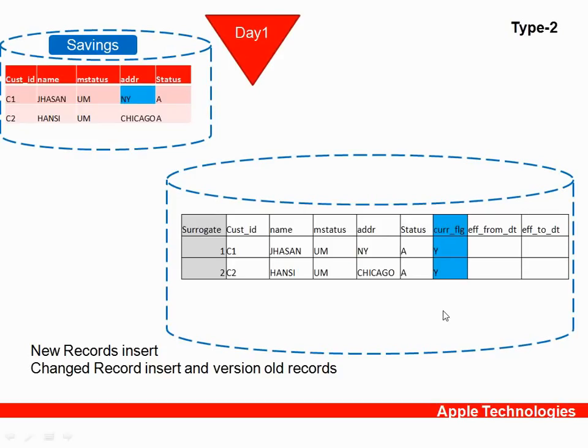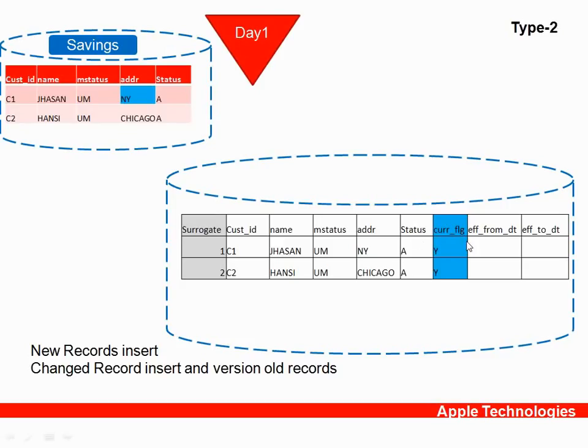We are still on day one, we have not gone to day 2. On day 1, whatever customers we have, we are keeping here. So I'm keeping continuous, unique numbers 1, 2, 3. What the benefit is, we'll see later.